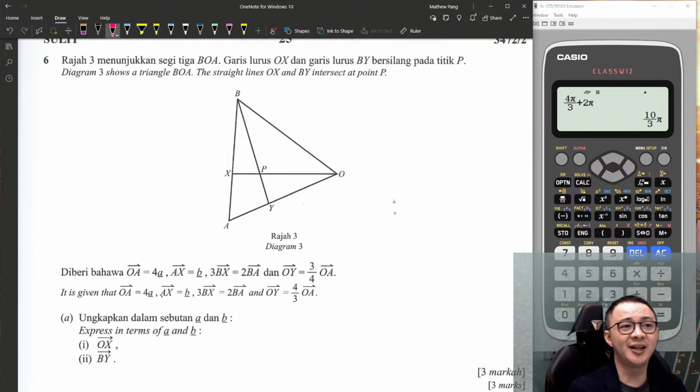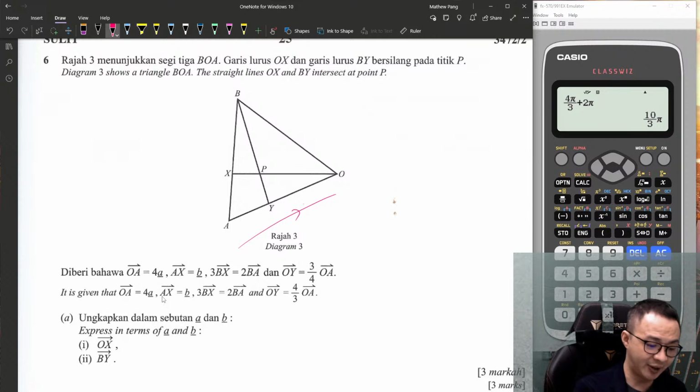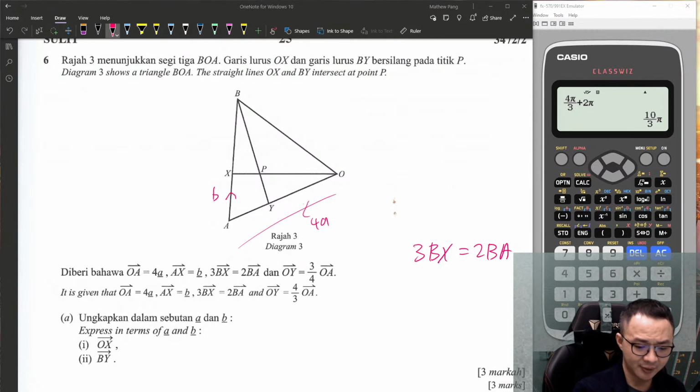This Diagram 3 shows a triangle BOA. The straight lines AX and OB intersect at the point P. OA is 4a, O to A is 4a. So here, O to A, the arrow is opposite, 4a. AX is b, A to X here is b. Okay, let's solve this one. 3BX equals 2BA.